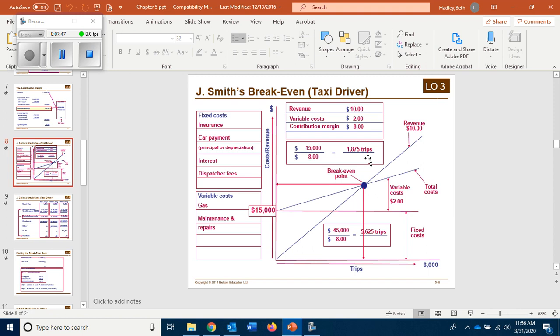I'm not sure if it is. But we have to pick up 1,875 customers if we charge them $10 for each trip. So to break even, that's how many trips we have to make.